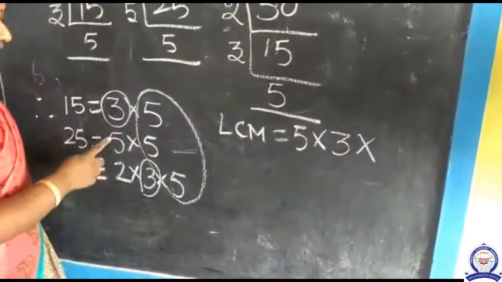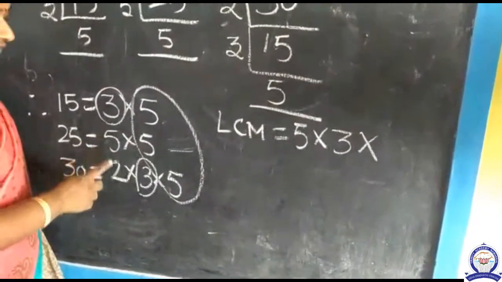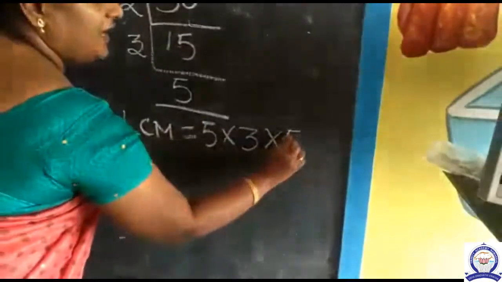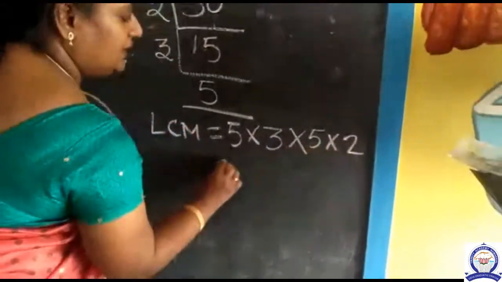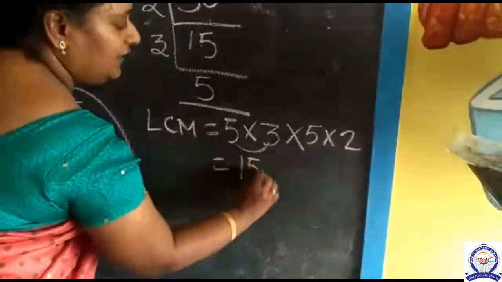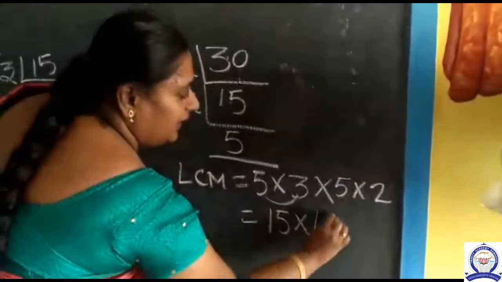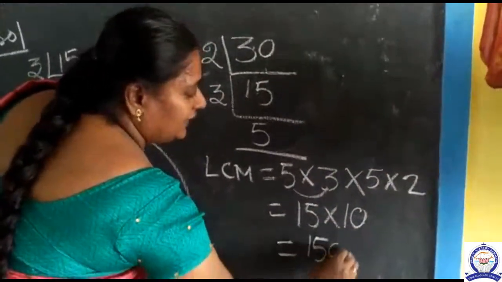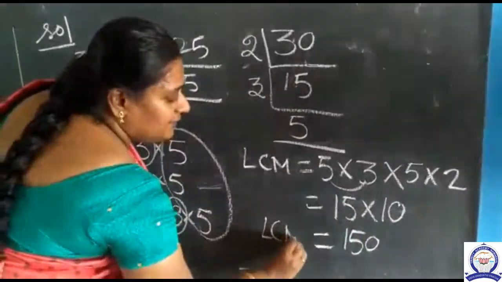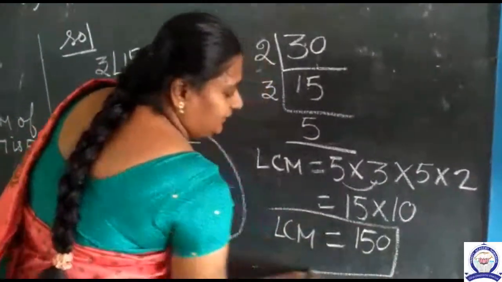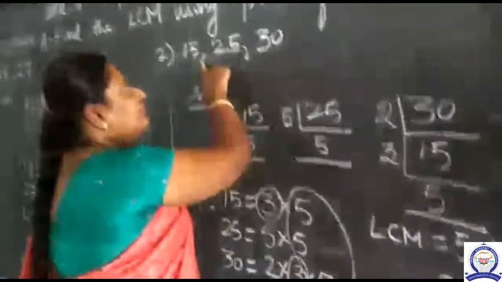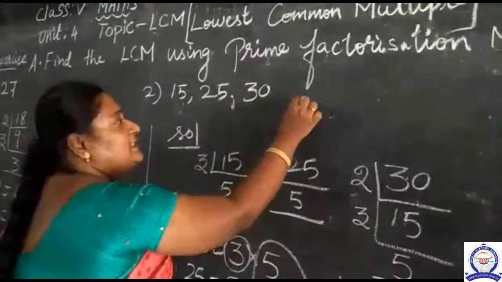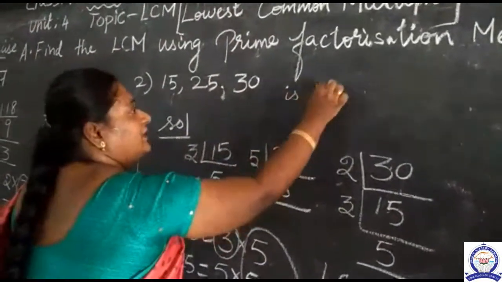The remaining numbers also we have to multiply: 5 into 2. That is equal to 5 3s are 15 into 2 5s are 10. So 15 into 10 is 150. Therefore, LCM is equal to 150. So LCM of 15, 25 and 30 is 150.